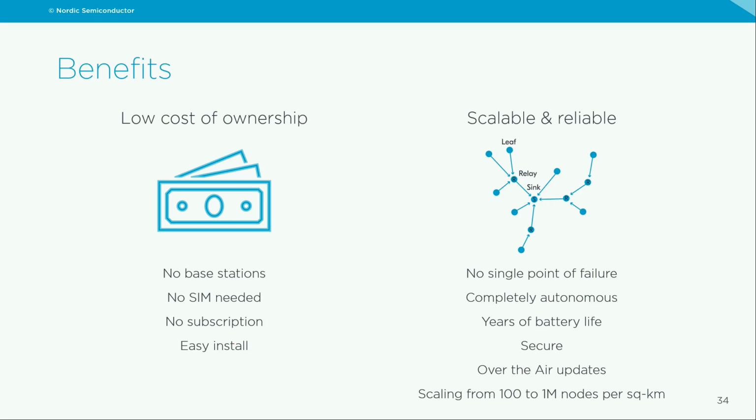It's secure, it's built on proven and secure technologies, and you have support for over-the-air updates to upgrade your devices. And of course, you have the scaling from 100 devices up to 1 million devices per square kilometer.